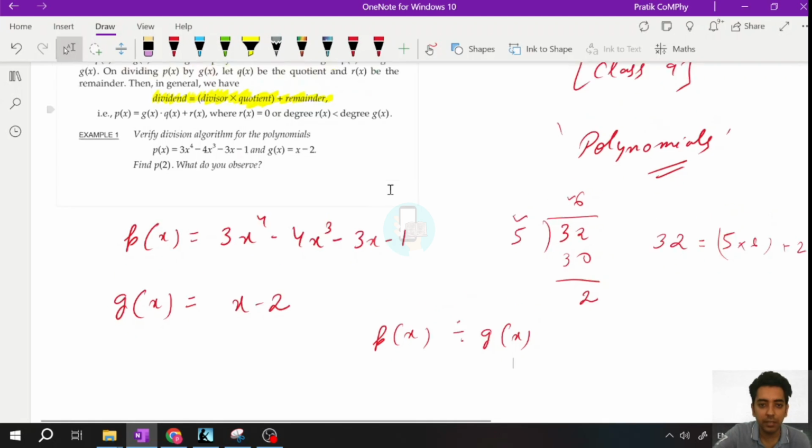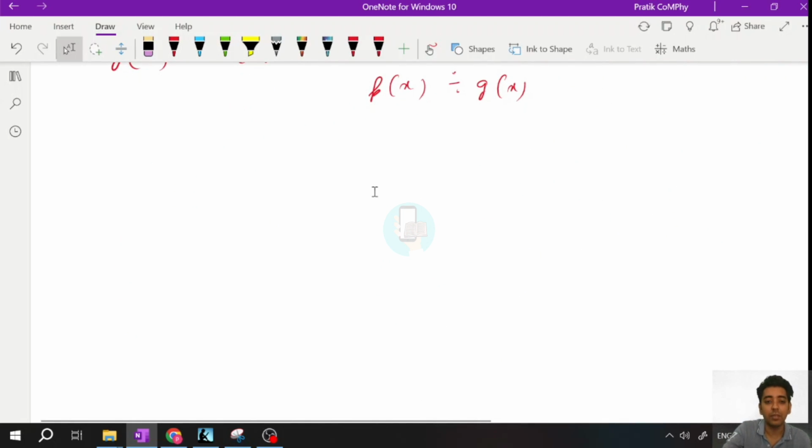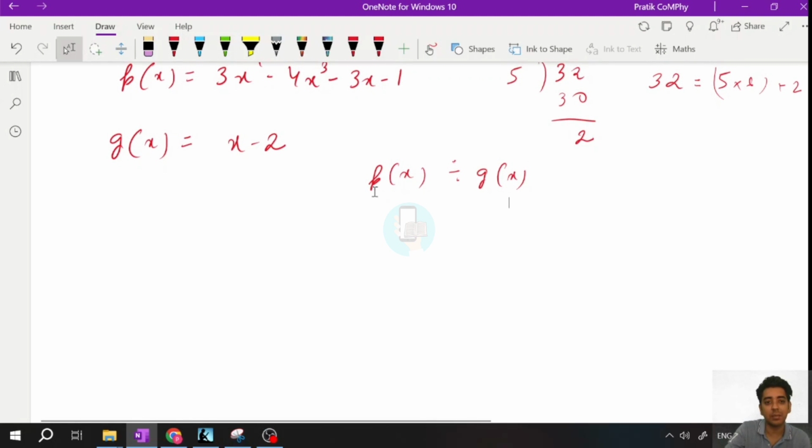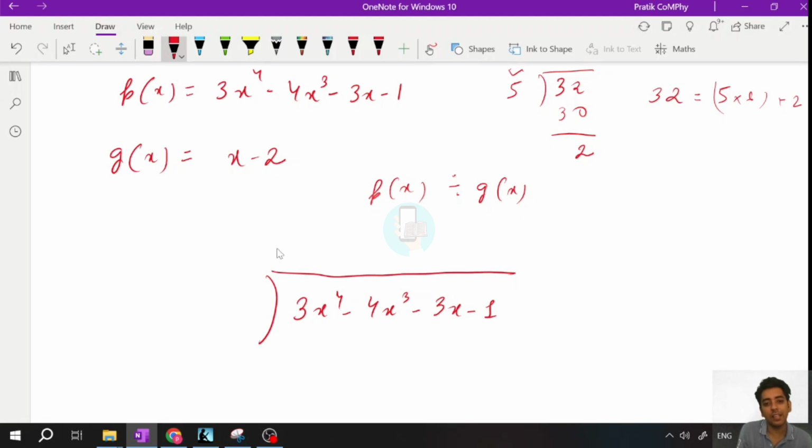So algebraic division you must have gone through. If you have not, need not worry. I would explain you the same here itself with this example. So our question is 3x to the power 4 minus 4x cube minus 3x minus 1, which on dividing with x minus 2. So what will I multiply with x to get 3x to the power 4?